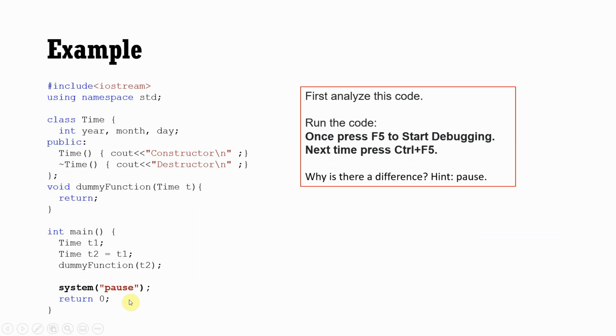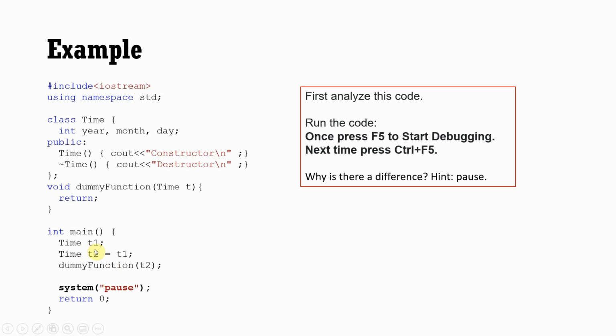Another example you see here, we have a destructor, right? In this case, I wanted you to try to see what's going to be displayed on the screen when you run this program. Depending on your compiler, you might want to press F5 or Control F5 to see exactly what happens.